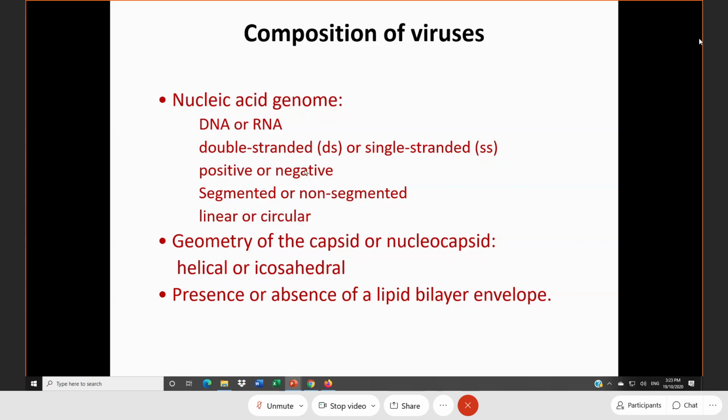If it is negative sense, it means they become a mirror image, a template to produce another DNA or RNA. They become what we call a block to produce the positive strand, the mRNA. The positive strand acts as mRNA, but the negative one has to be used to produce the mRNA, a mirror image.